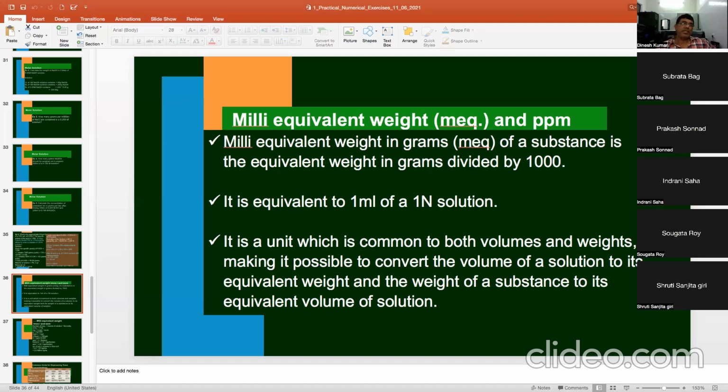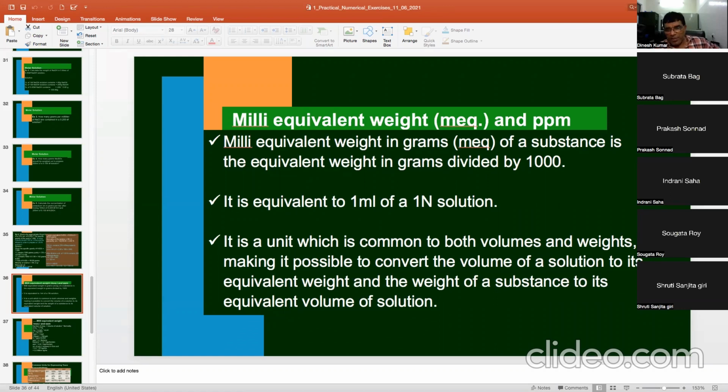So this much equivalent of nitrogen is there in the sample. And then you can multiply it with equivalent weight and you will get the value in milligram. So you see now the volume has been converted into milligram weight. So this is the utility of milliequivalents.